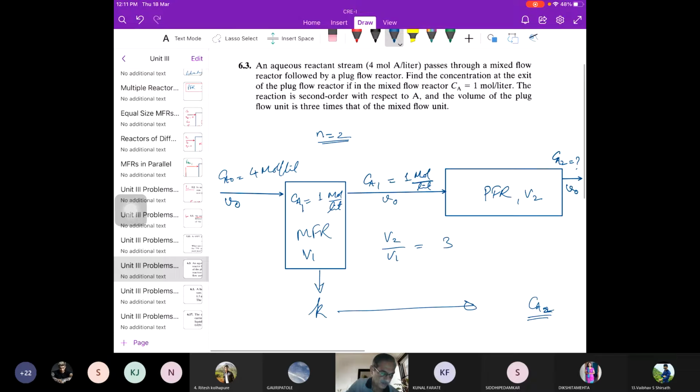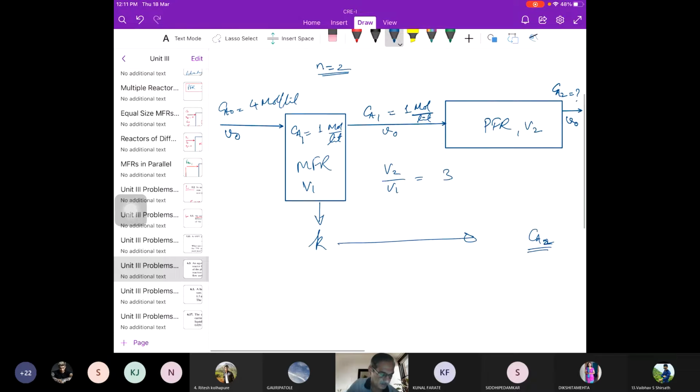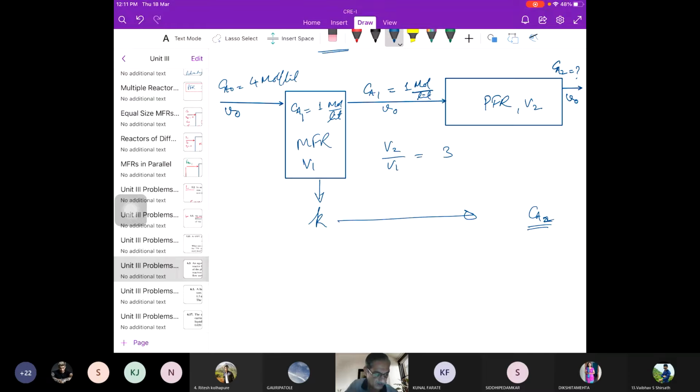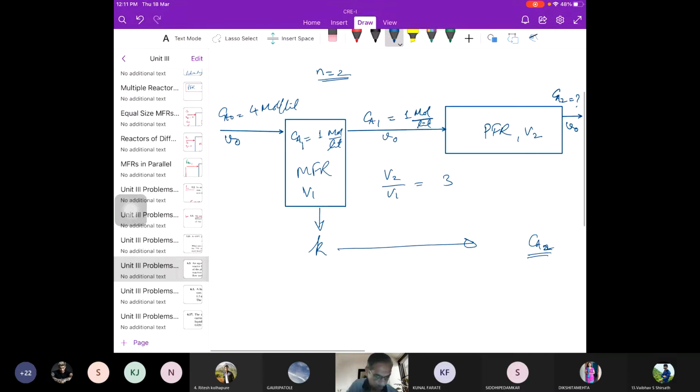Okay, so let's start. Let's see who can find the k value. It will be in terms of V1 and V0, not an absolute value, because we don't know V1 and we don't know V0. But it doesn't really matter because we can substitute in the PFR and cancel out. So let's find the value of K from the mixed flow reactor data.